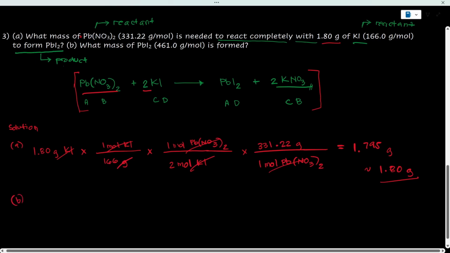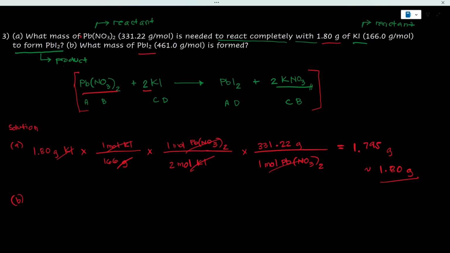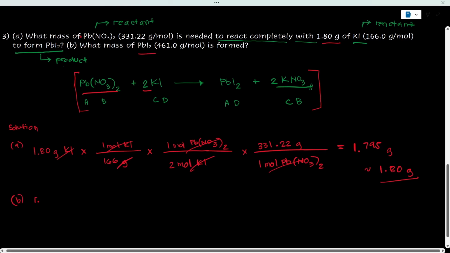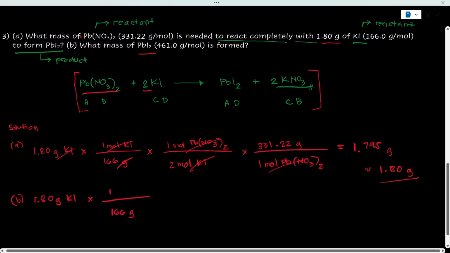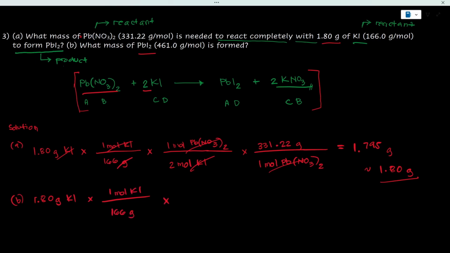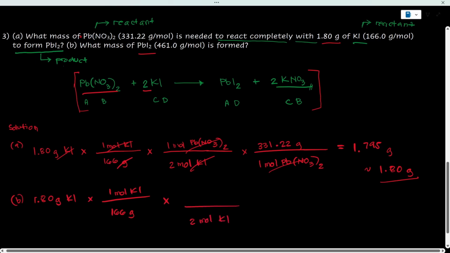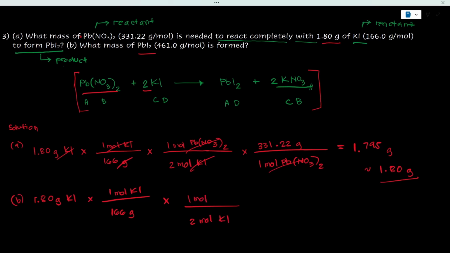And let's go with B. So the same process, but this time we are looking for the mass of PbI₂ produced or formed. So still starting with 1.80 grams KI. And now let's relate KI with PbI₂. So the same, 2 moles of KI reacts with 1 mole PbI₂.